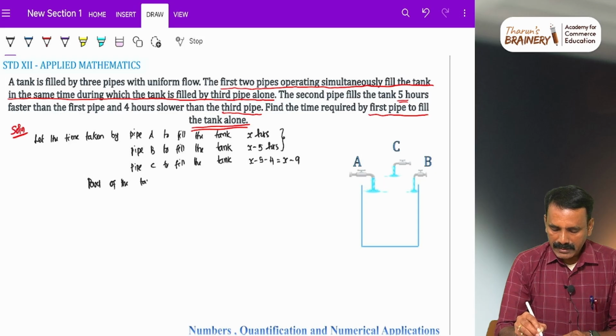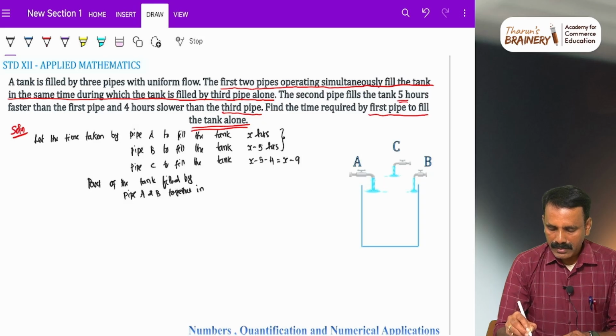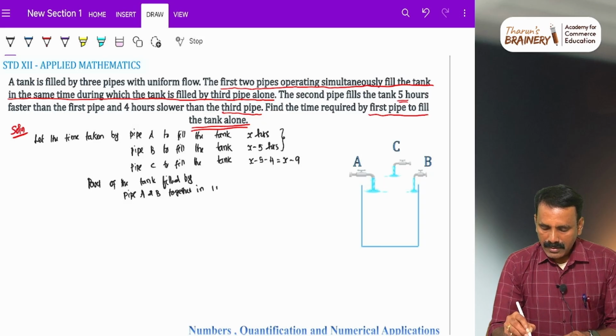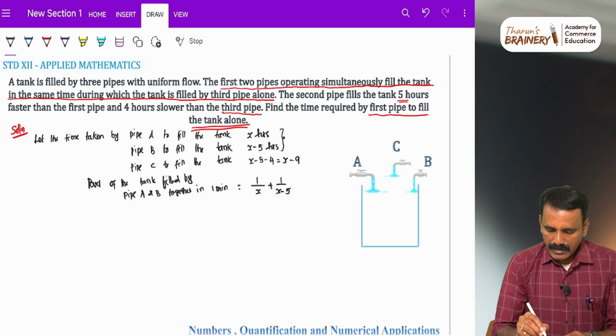Part of the tank filled by pipe A and B together in 1 hour will be 1 by x plus 1 by x minus 5. By pipe C in 1 hour.